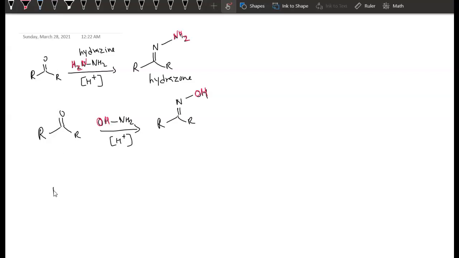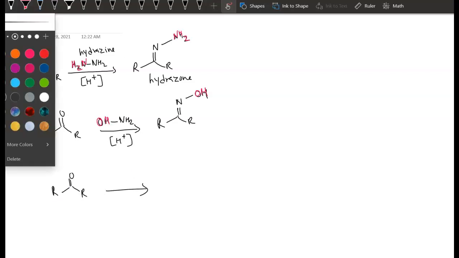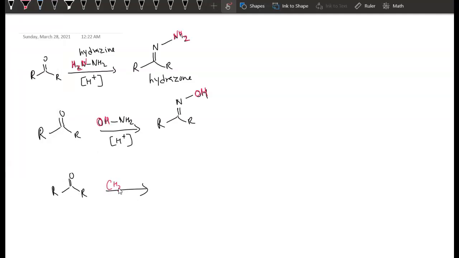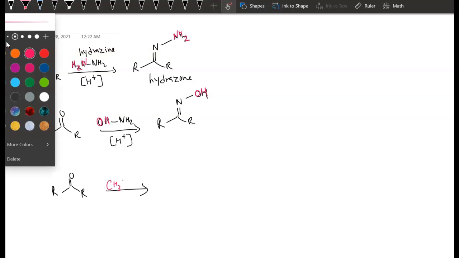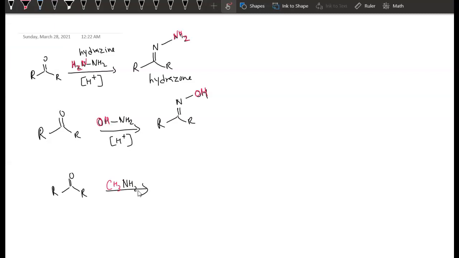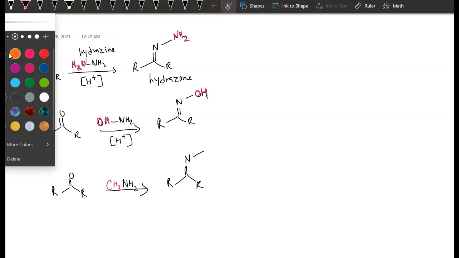So R double bond O R, and if it was CH3NH2, just as we did before, then your product will be R double bond N R, and then the CH3 group attached here.